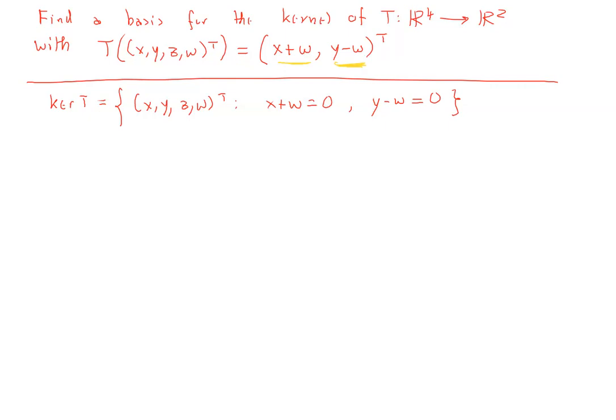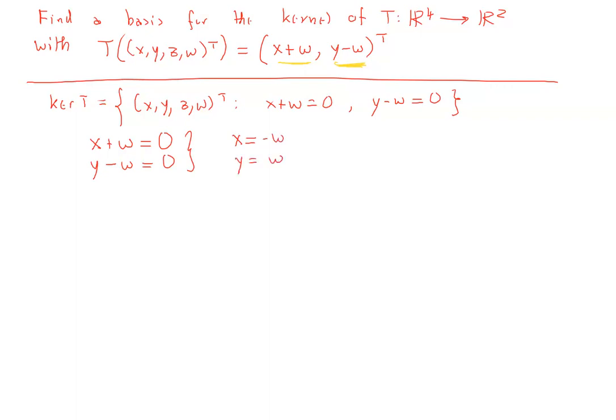So we need to solve this system. Now, as we're going to see, usually when we work with such systems, we will try to solve with respect to the first unknowns. We will systematize this later. But for the moment, allow me to solve it by writing that, from the second equation, x is equal to minus w, and y is equal to w.